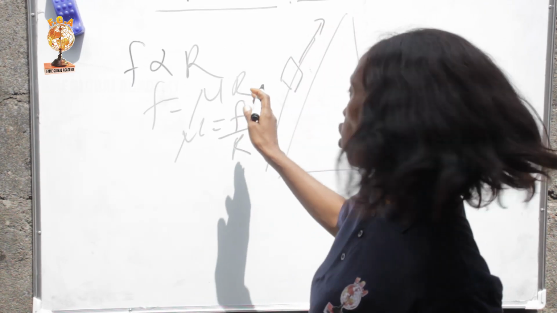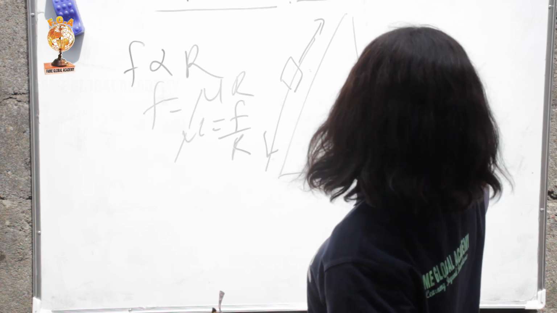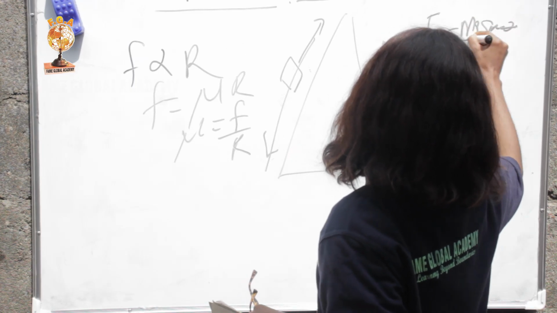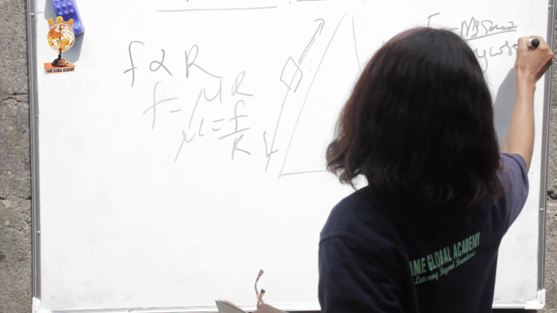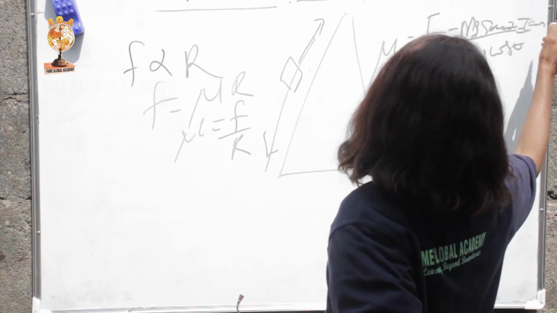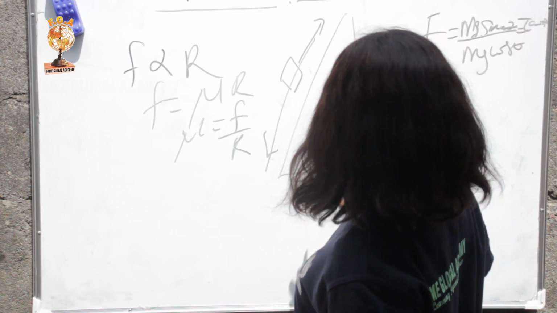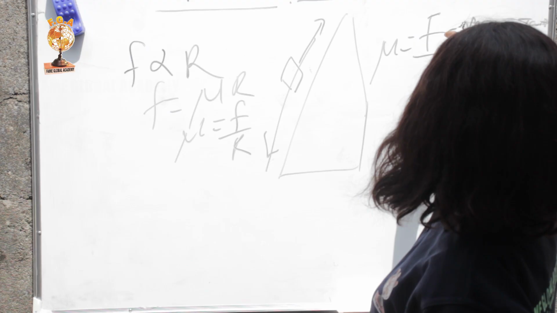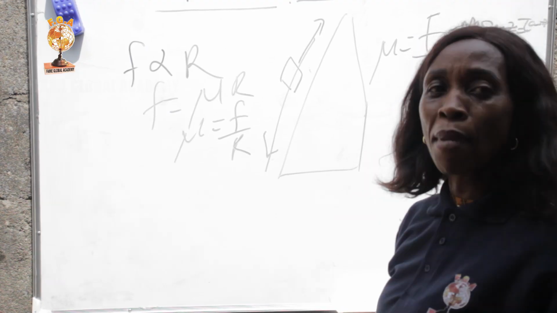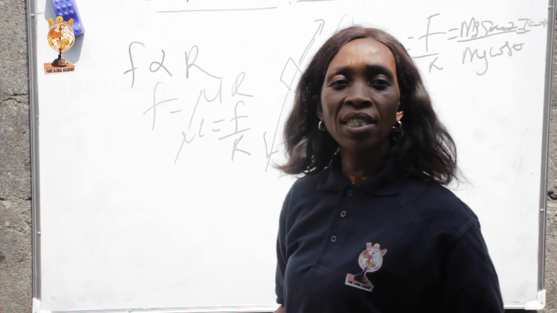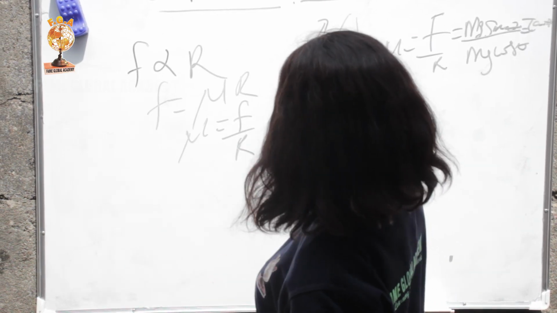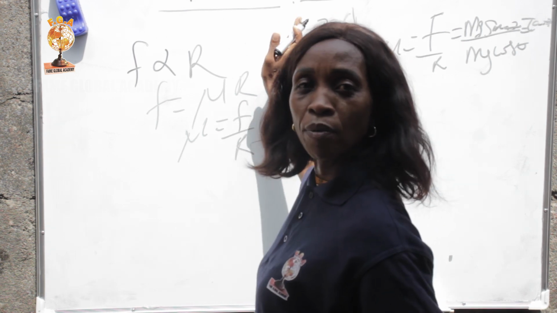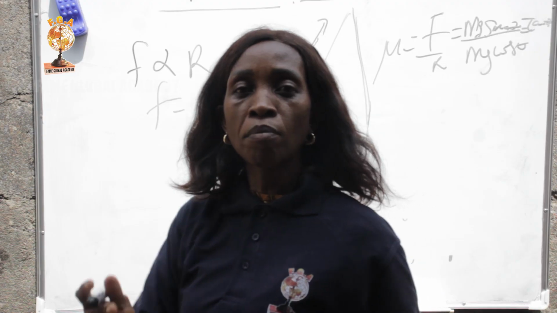The frictional force on an inclined plane is now mu equals F over R, where F is mg sine theta, and R is mg cos theta, which is equal to tan theta. So in an inclined plane, mu is equal to F over R, and F is mg sine theta. mg is mass times gravity, because on an inclined plane, the force of gravity is holding the body from slipping.